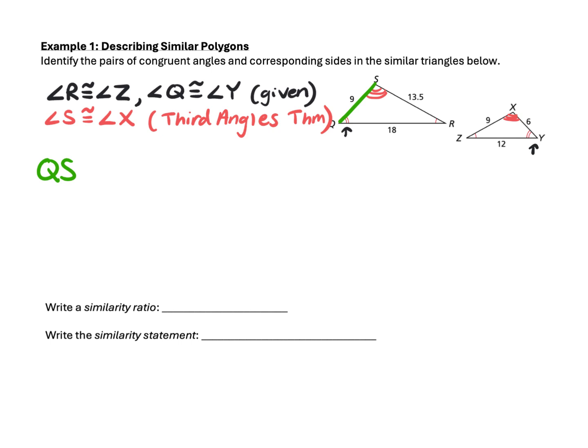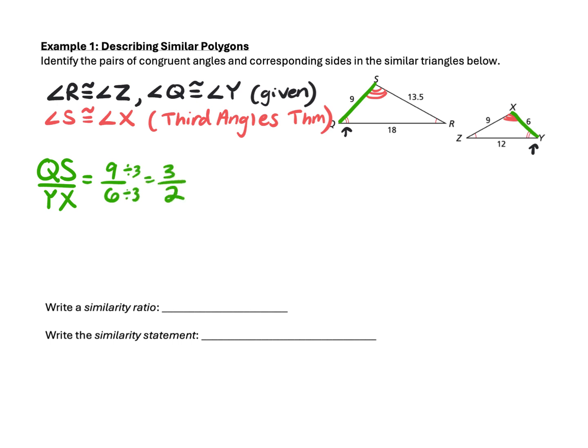I have to go in the same spot on the other triangle, so that's going to match with YX. And when we took the values there, that's 9 over 6. And if we reduce that, 9 and 6 are both divisible by 3, so 3 over 2.